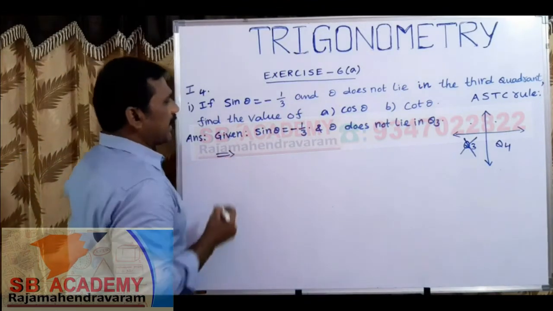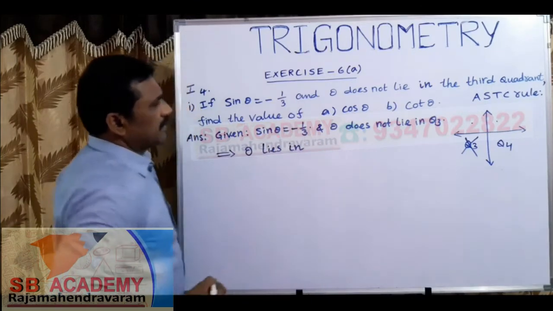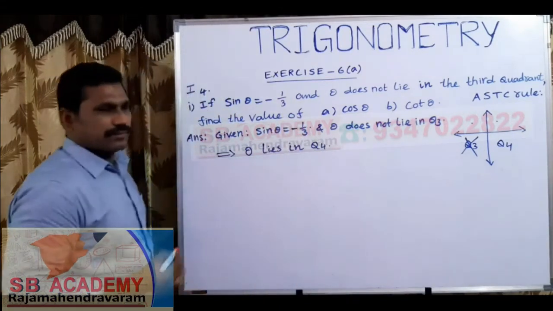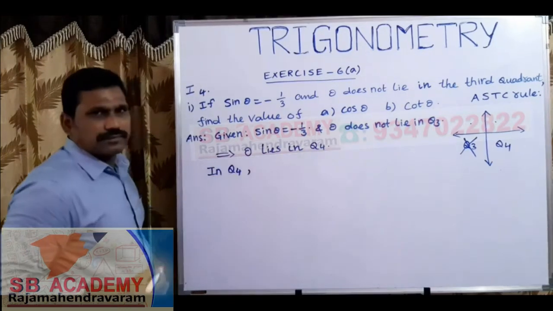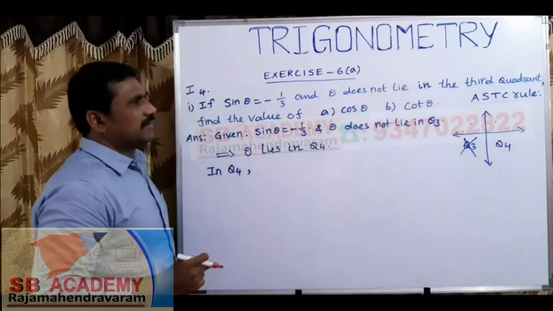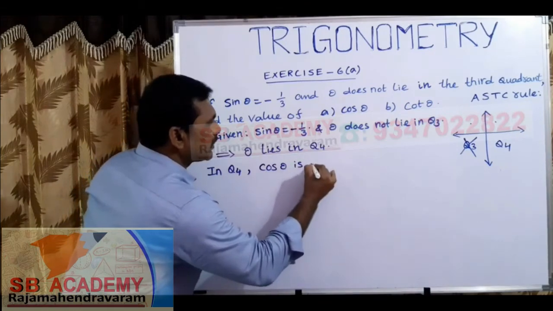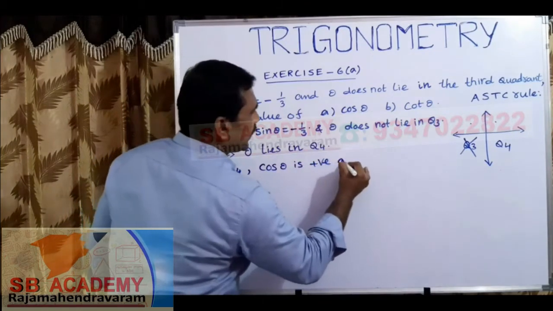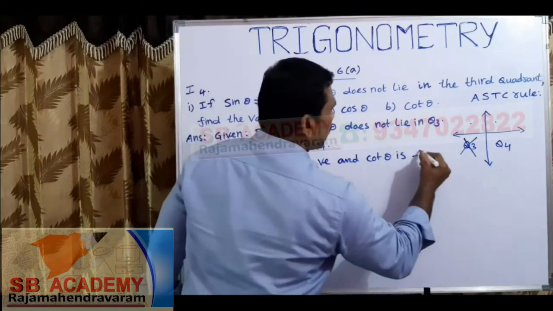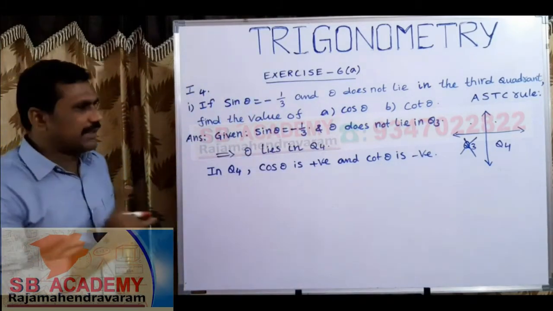So which implies theta lies in fourth quadrant. Okay, in fourth quadrant, cos theta is positive and cot theta is negative. Cot theta is negative. Remember that point.